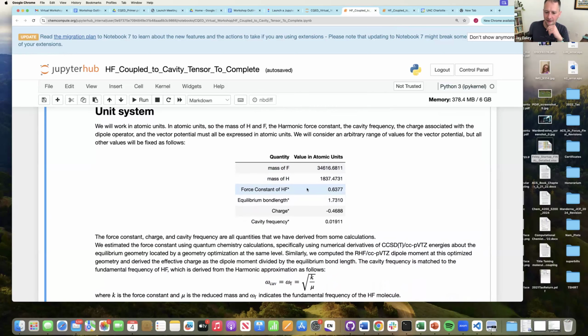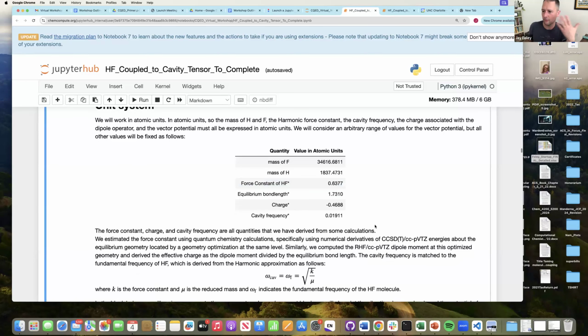The force constant of HF in atomic units is about 0.6377. Where we got this is we ran a coupled cluster singles, doubles, and perturbative triples calculation in a correlation consistent polarized valence triple zeta basis set. So we tried to do a pretty reasonable calculation on HF and just get the equilibrium geometry and the second derivative of the energy at that equilibrium geometry to get the force constant.